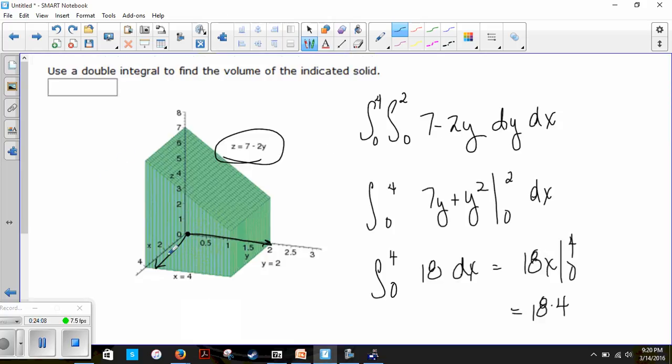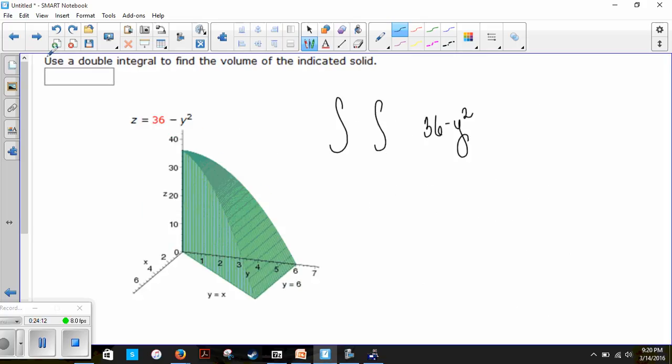It's not like the last one where I have this nice little rectangular base. So on this one, we are probably going to do the dx first and then the dy, because the dy is going from 0 to 6. And now x is definitely starting at 0, but going up to y.